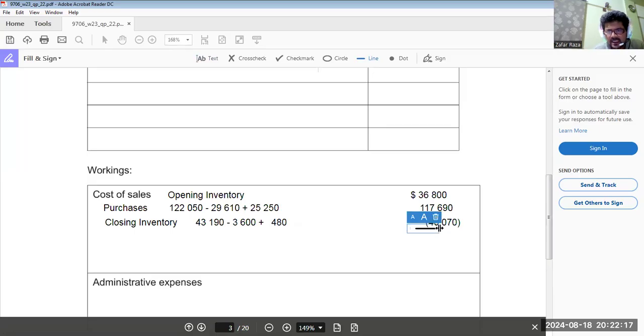Now here we'll get the cost of sales. How much would the cost of sales be? 36,800 plus 126,410 minus 40,070 gives 114,420.